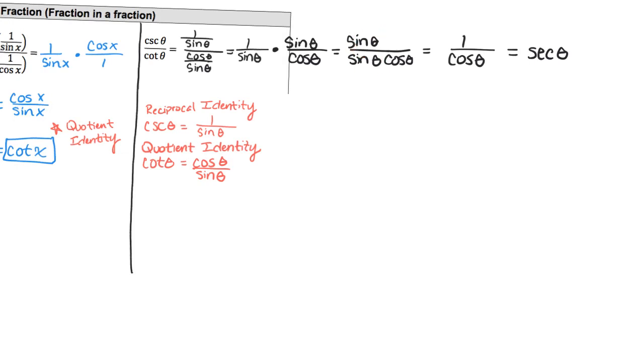Dividing a sine of theta out of both leaves me with 1 over cosine of theta, and I can use another identity. I can use the reciprocal identity to simplify 1 over cosine of theta to secant of theta. So my final answer here, the most simplified form, is secant of theta.